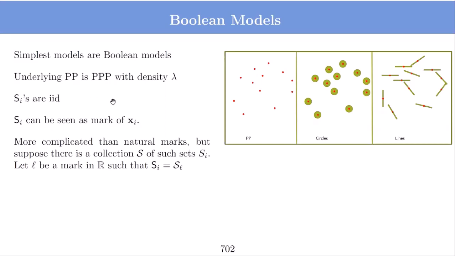If you see the corresponding one, there is a point x_i and a corresponding compact set S_i. So S_i can be seen as a mark of x_i, and it is an independent marking because each of the marks is independently distributed. Here the S_i are more complicated than the marks we have studied in the past, which were random variables. Here the S_i are not random variables but random objects.